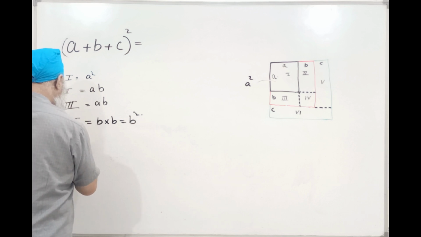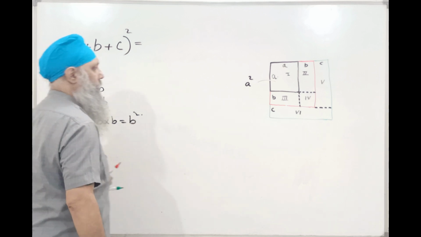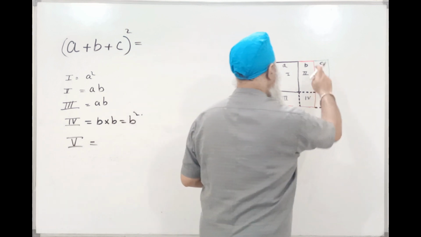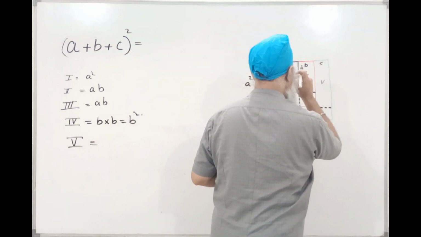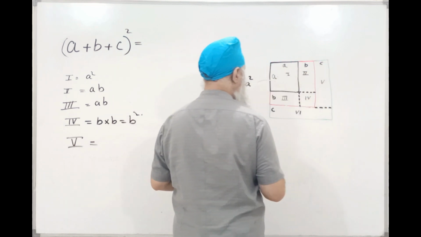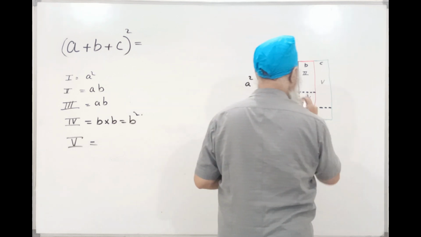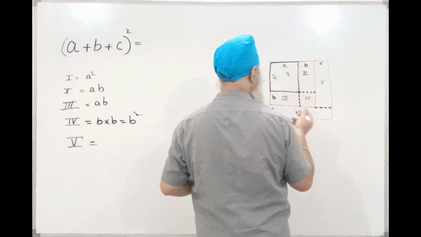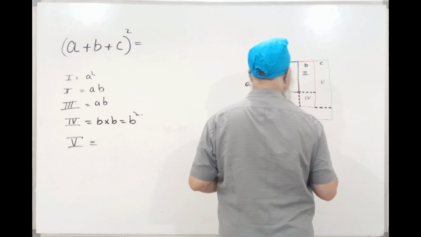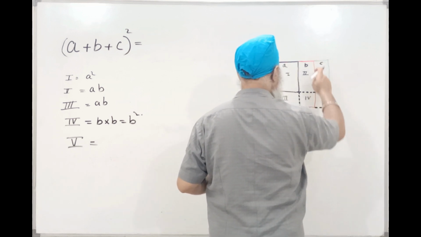Area of the fifth region will be what? Actually we can divide that into simplified form if we want, but I have taken this one as the big one.